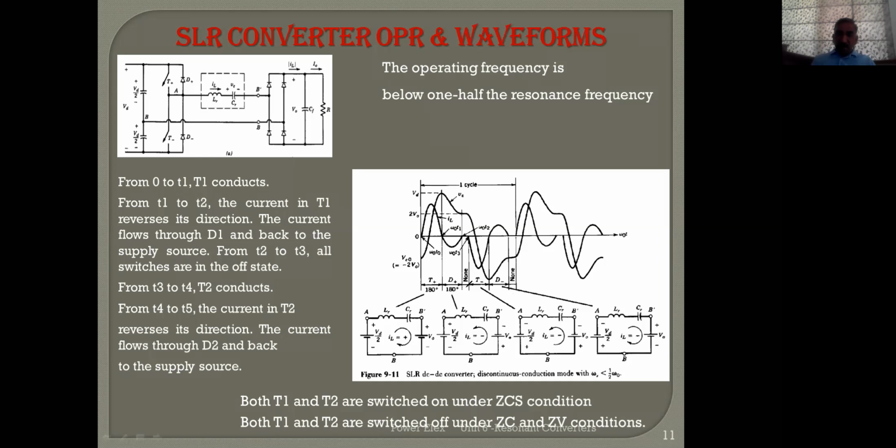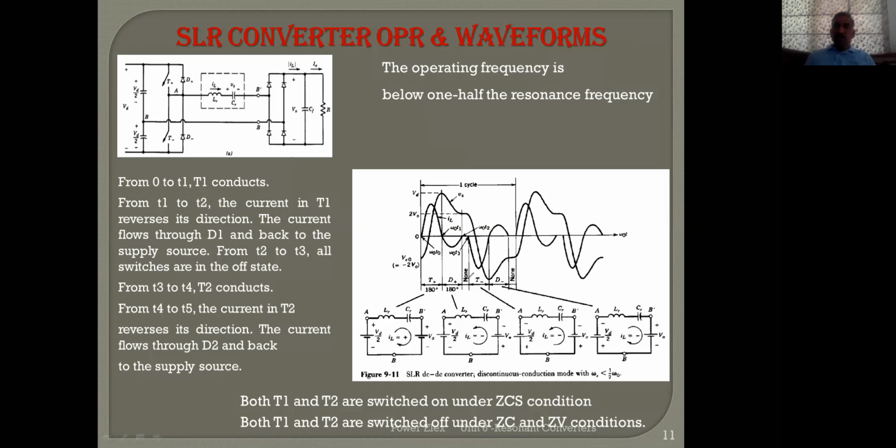During this period, none of the switches is on. Initially T plus was on, and now none of the switches is on. So when no switch is on, the circuit is not completed. VC is maintaining its charge as it is, meaning the capacitor maintains the charge. There is no current through the circuit.